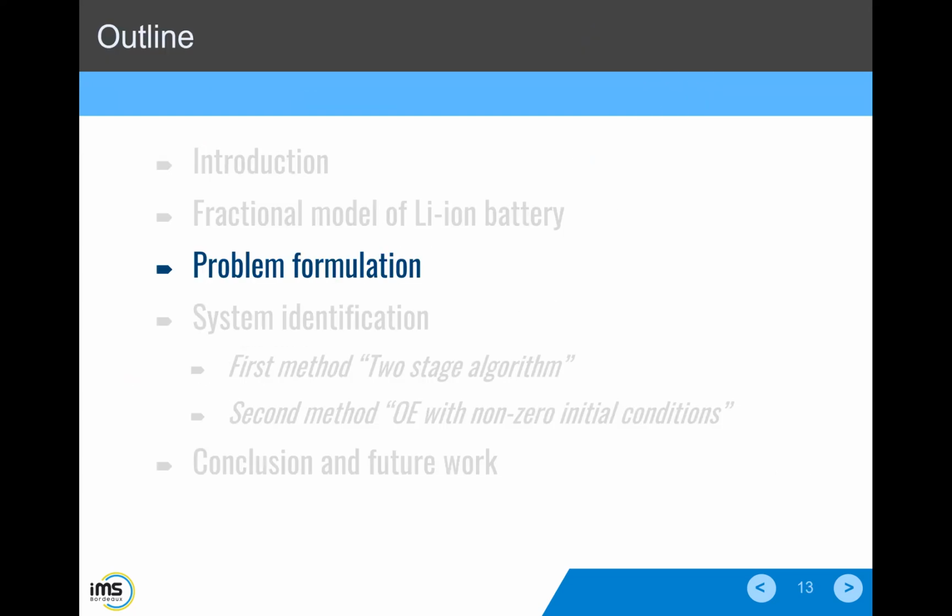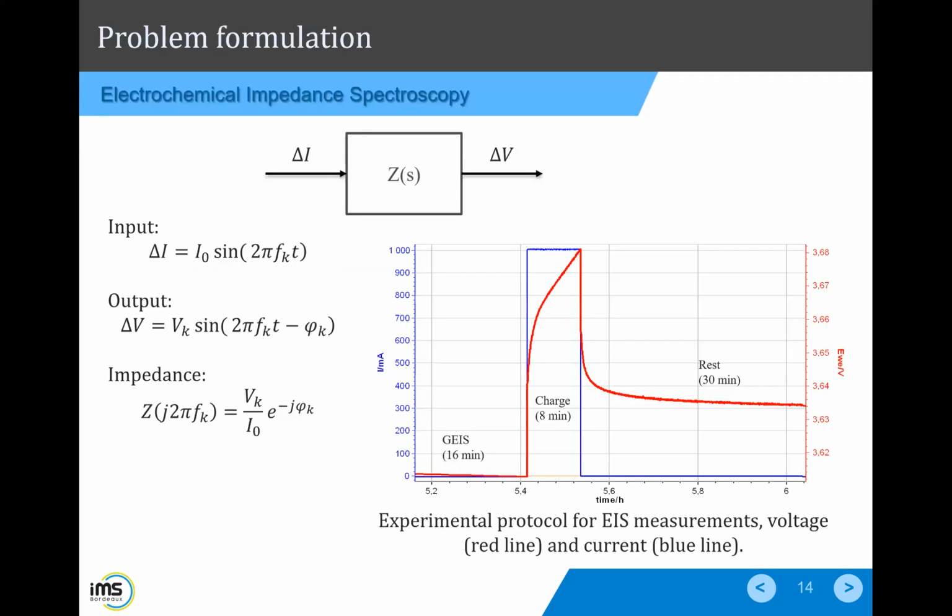So our problem, which started this work, is that one of the techniques used to characterize the battery is electrochemical impedance spectroscopy, which uses current or voltage as an input and measures the output.